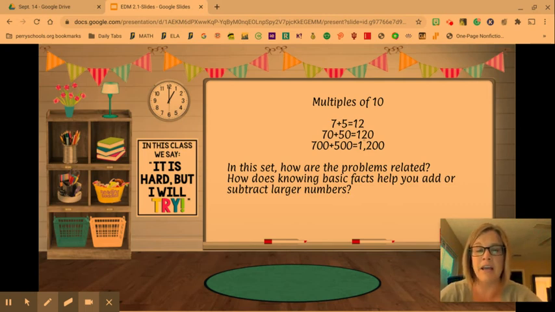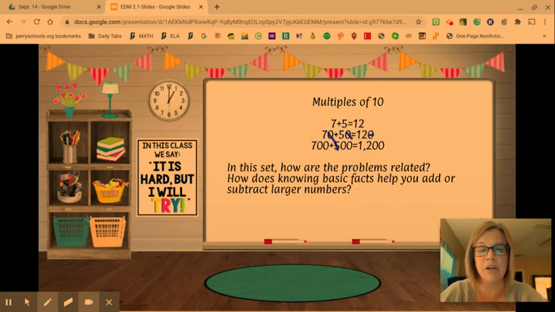So if I were to get rid of the 0, I would be left with 7 plus 5, which we know is 12, and then we would have to add that 0 back on to make 120. So 70 plus 50 is 120. Knowing 7 plus 5 equals 12 will help you to solve 70 plus 50.